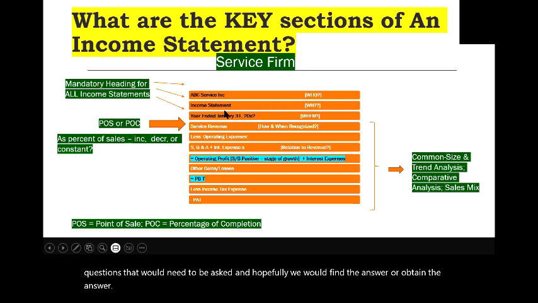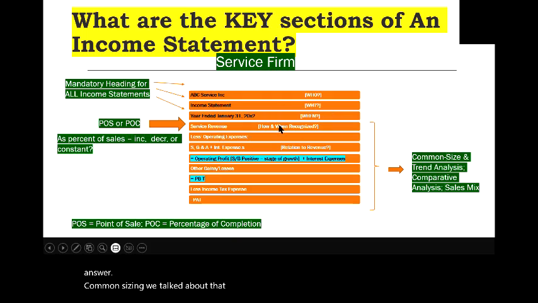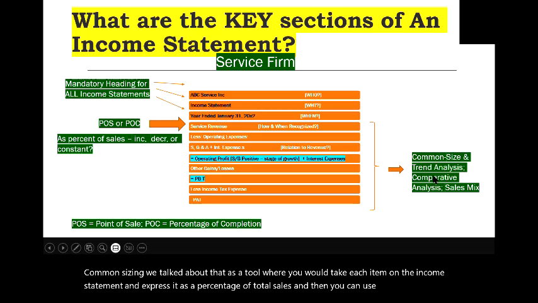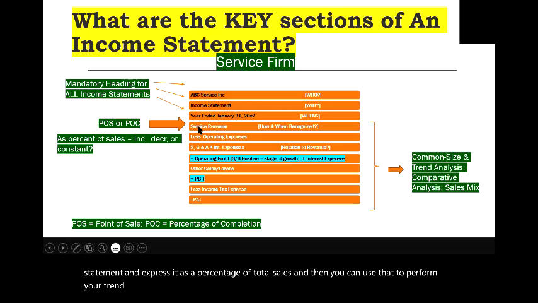Common sizing, we talked about that as a tool where you would take each item on the income statement and express it as a percentage of total sales. And then you can use that to perform your trend analysis, because you would have several years of the income statement.